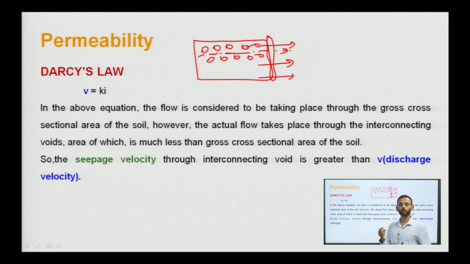Here the seepage velocity will be more, because the area is very much constricted.